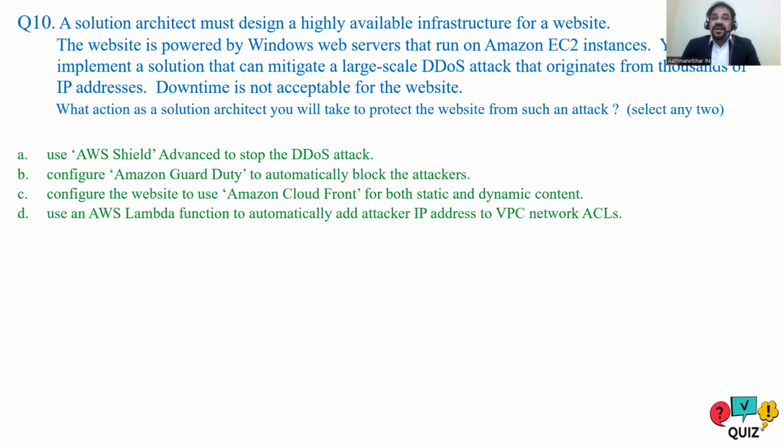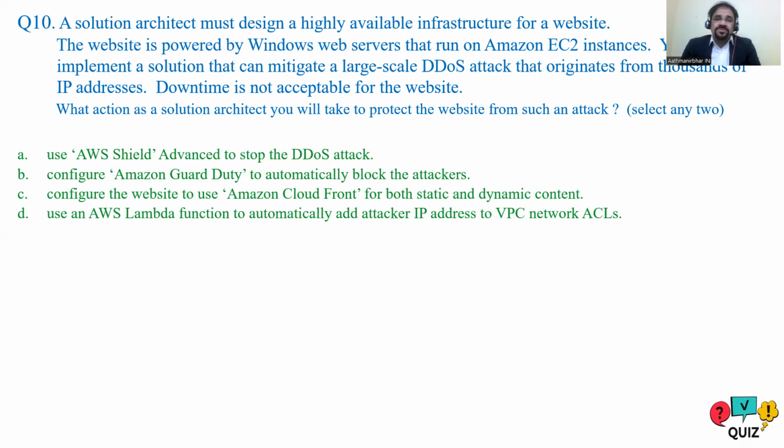You must implement a solution that can mitigate a large-scale DDoS attack that originates from thousands of IP addresses. Downtime is not acceptable for this website. So what action will you take as a solution architect to protect the website from such an attack?